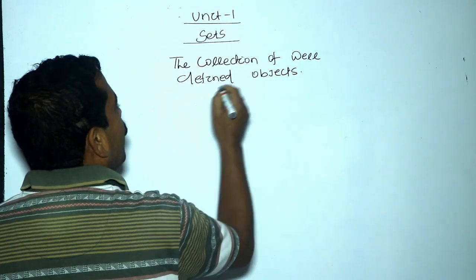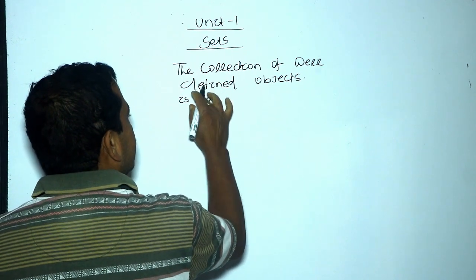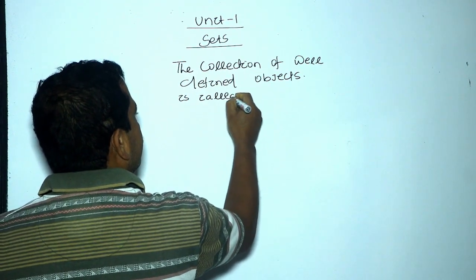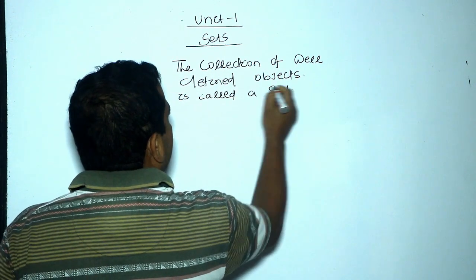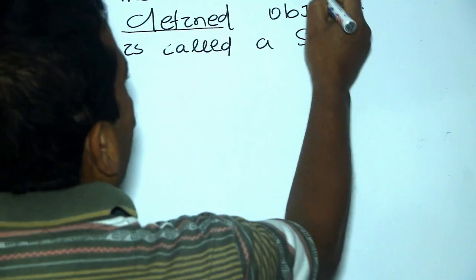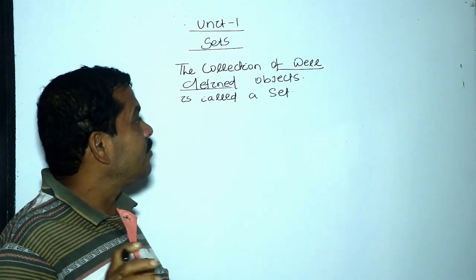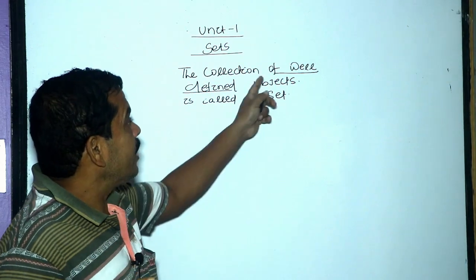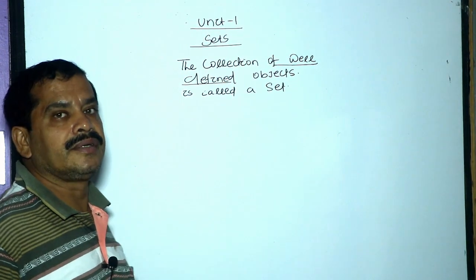The collection of well-defined objects is called a set. That is important: well-defined. Collection of all objects is not a set. Collection of all well-defined objects is called a set.